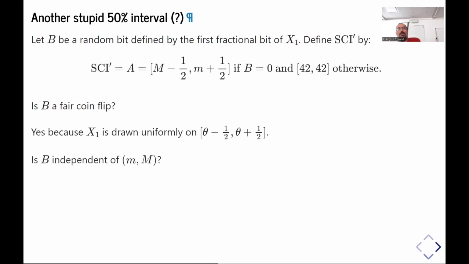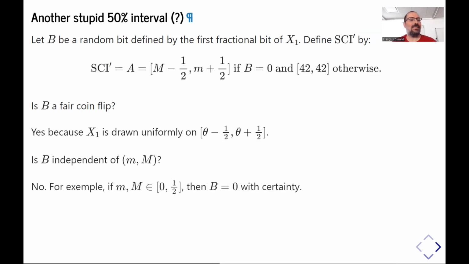Is B independent of m and M? So no. It depends on theta. Whatever theta is, it's not independent.